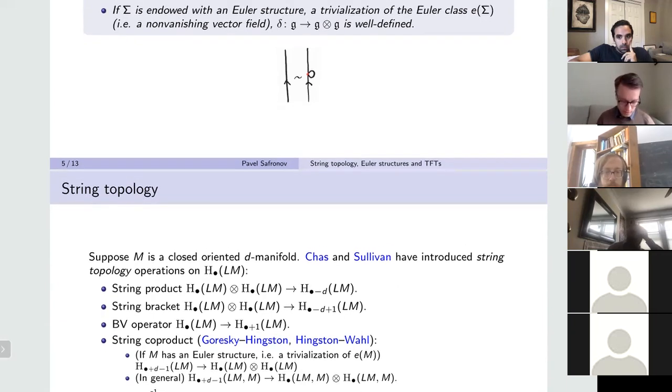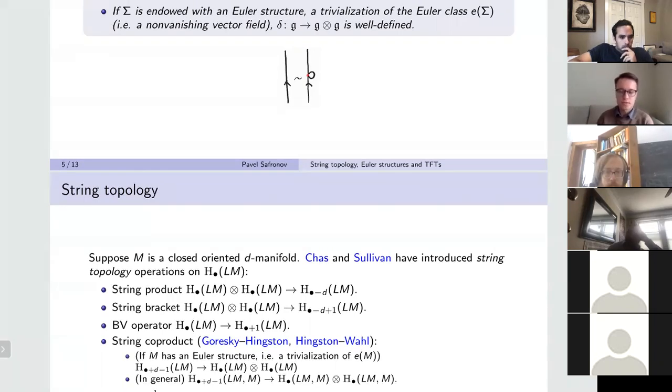And finally, so the first 3 operations are just vanilla string topology operations. You can imagine other operations from other kinds of Riemann surfaces. But there's another class of operations which are called compactified string topology operations.